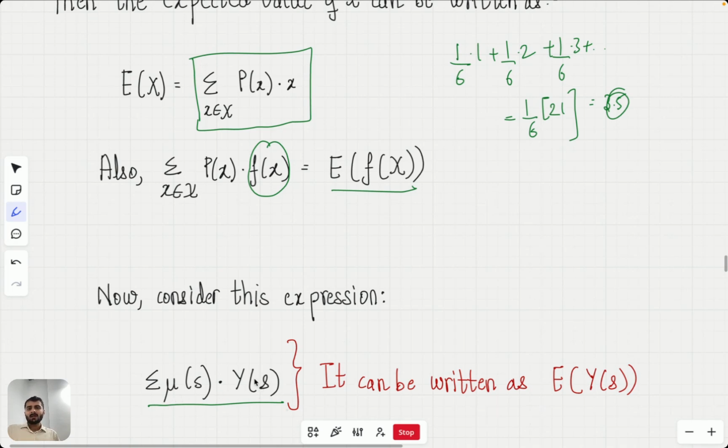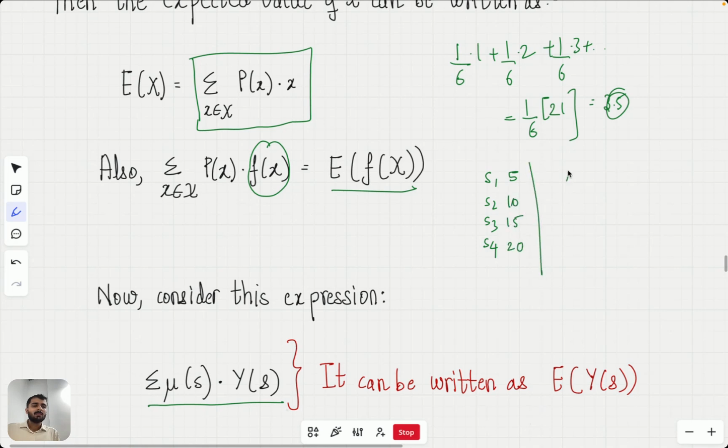Here mu of s tells us the probability of the agent being in that state. Remember, this is the state distribution, and if there are, let's say, four states, and every state is visited maybe 5 times, 10 times, 15 times, 20 times.